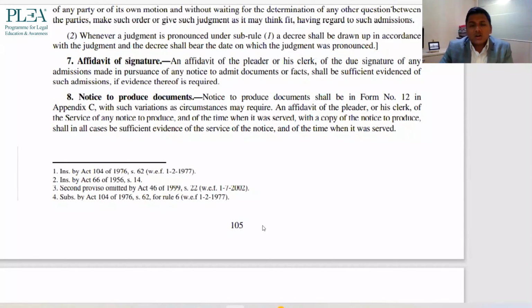This being the case, tomorrow if the husband is not going to disclose all his income sources, or if the wife is not going to disclose all her income sources, recently the Supreme Court, I believe you must be aware, has said that the husband and the wife both should give affidavits of assets and liabilities. In that affidavit also people lie, they suppress so many things. So tomorrow if your client tells you that, sir, I know that this wife of mine is earning more than what she shows.